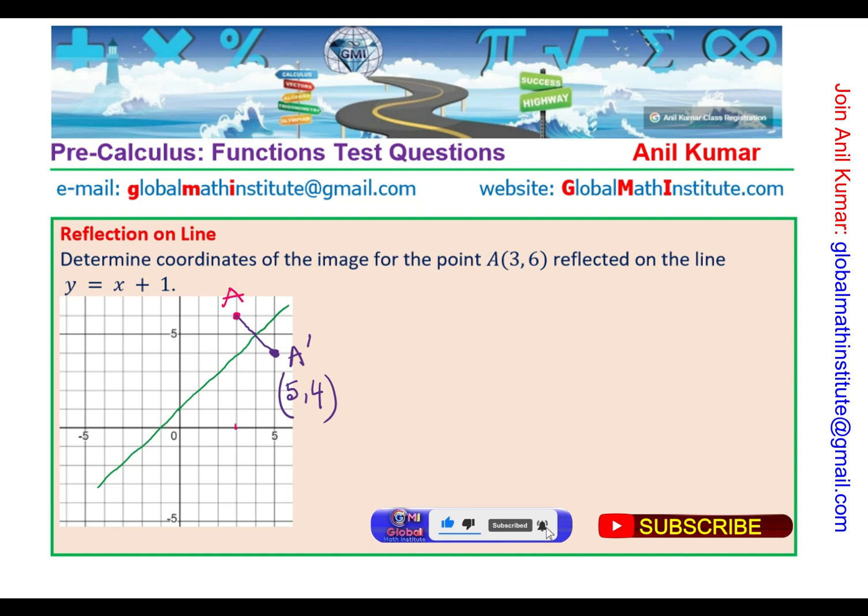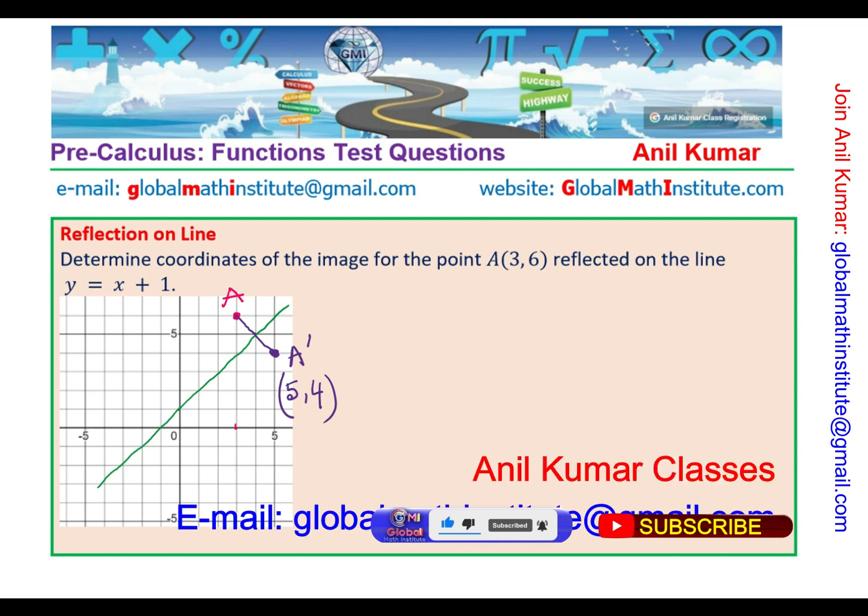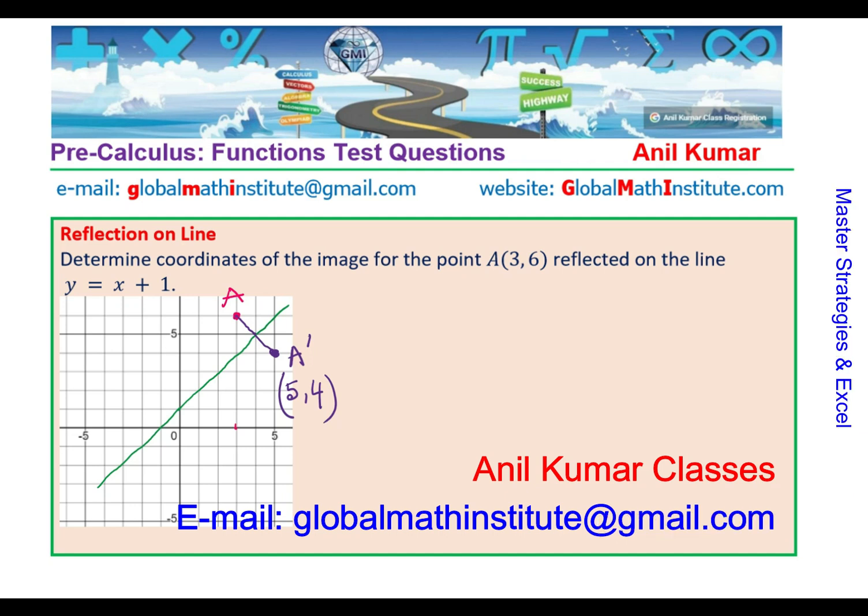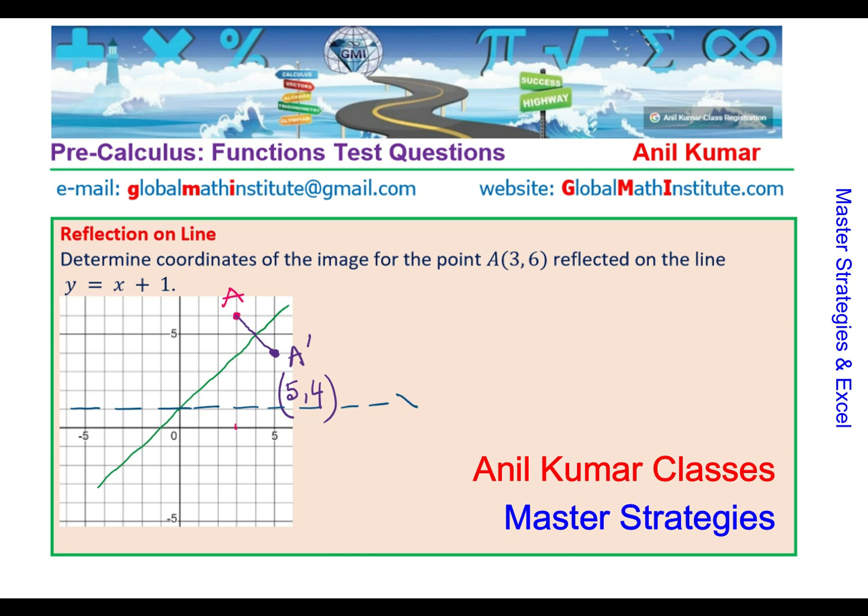Now, here is one more approach which we could have adopted. Let us say we consider a change in our coordinate plane, with this particular line here, which is our x-axis translated 1 unit up.